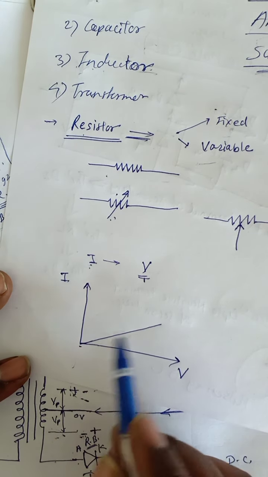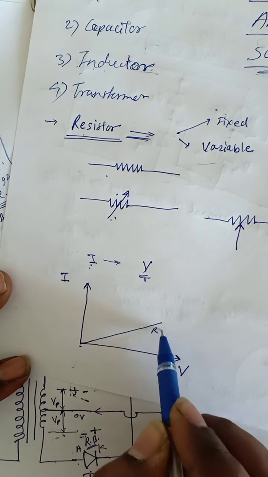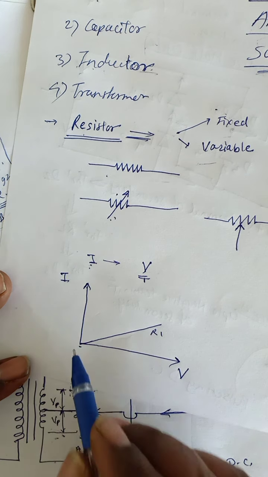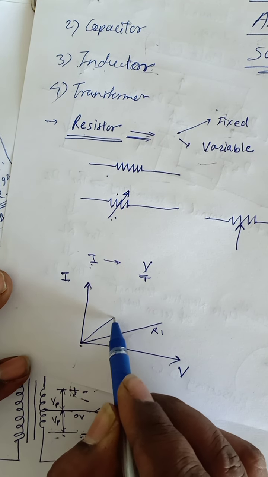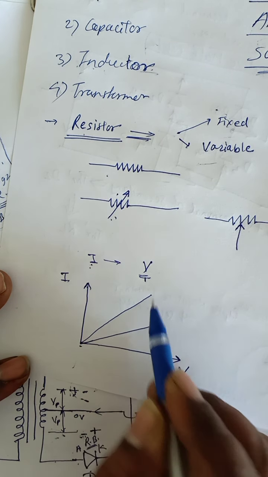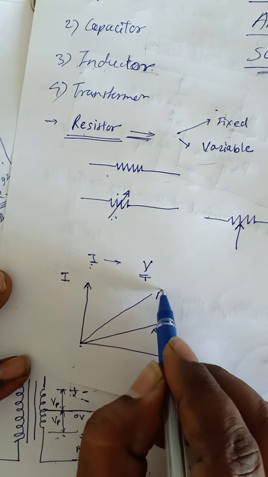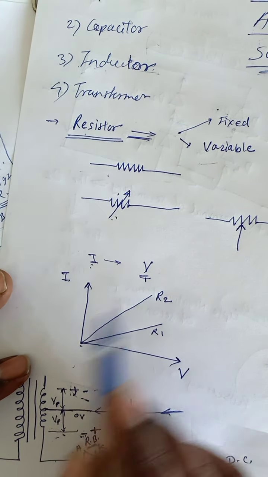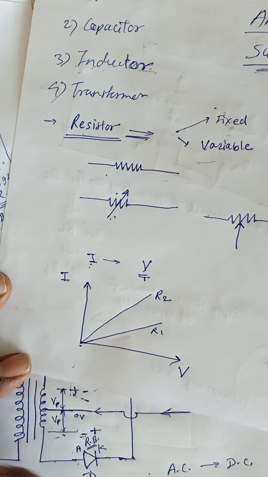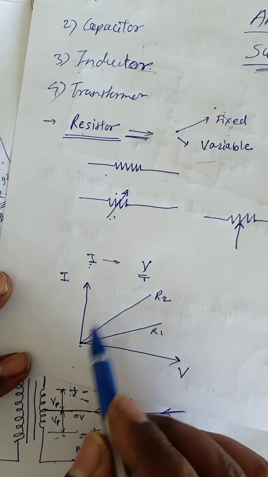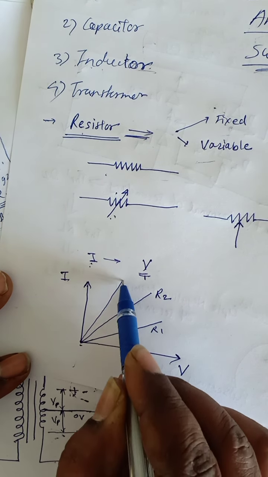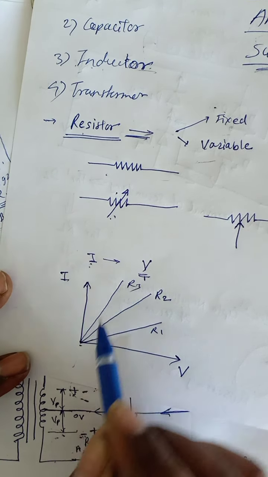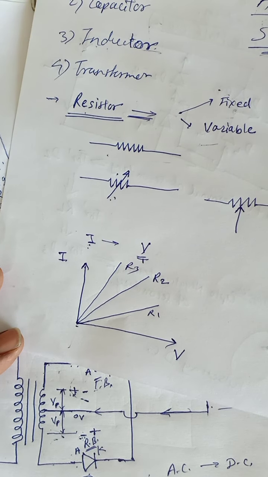Okay, if we take another resistor, suppose this is R1, and if we take another resistor, then you get here another slope. So this slope depends on the value of the resistor. If you take another resistor, then it is this one.